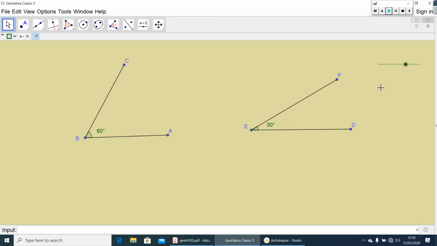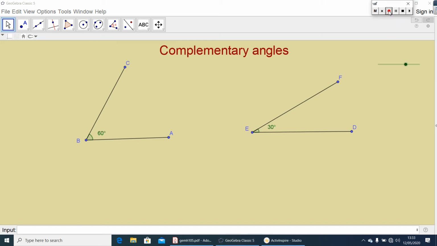This pair of angles has a name. It is called complementary angles. Here angle ABC and angle DEF are complementary angles. And in this case, this angle 30 degree is called the complement of angle 60 degree and vice versa.